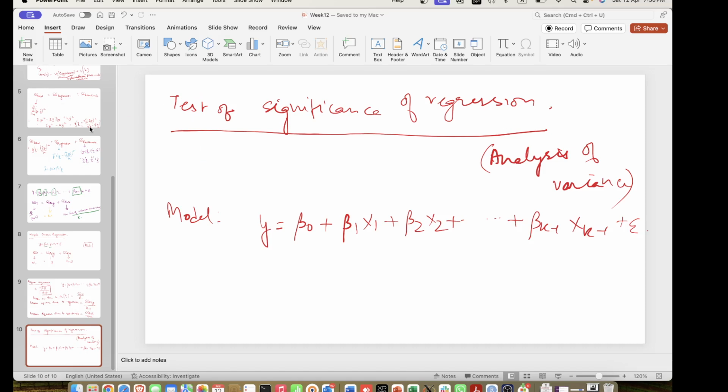If that is the question that I want to address, then the H naught is that all of these should be equal to 0. So beta 1 equal to beta 2 equal to beta k minus 1 equal to 0. Okay, so this means that none of the variables that I have considered is actually exerting any effect on the response of interest.